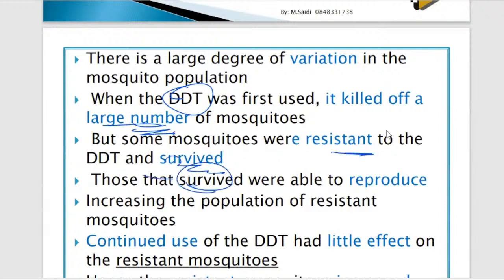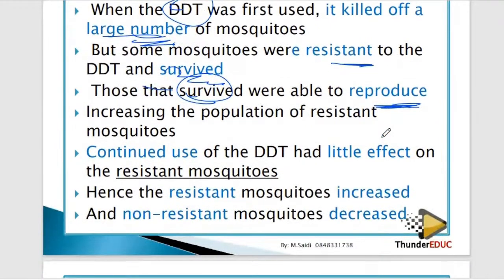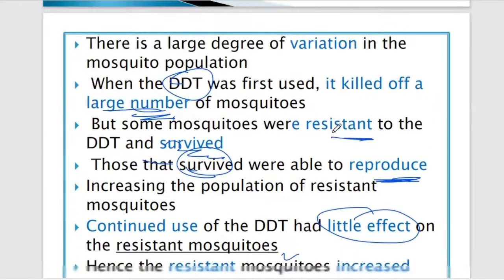Those which survive reproduce in large numbers and increase the population of resistance. The continued use of DDT, ARVs, or whatever the question asks about will have little effect on those organisms. In this case, mosquitoes, but it could be bacteria or virus. Hence, the resistance of mosquitoes has increased. So that's basically what you talk about.